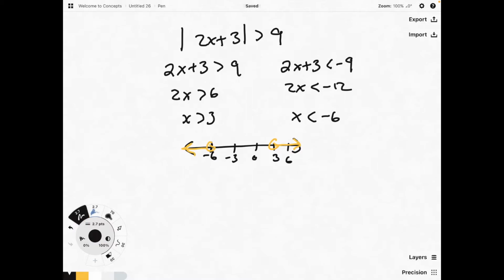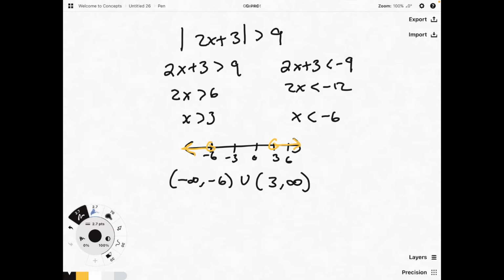If we wanted to write this in notation form, we would say negative infinity, negative 6. Again, it's an open circle because it's not actually equal to that number. This is in union with 3 to positive infinity.